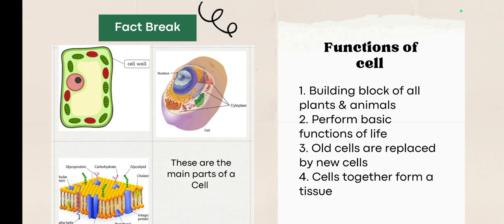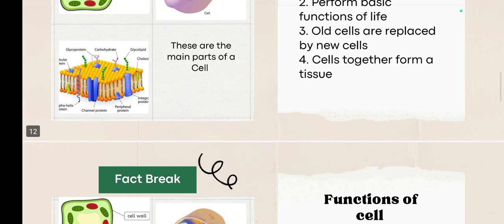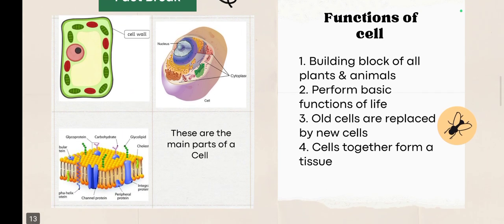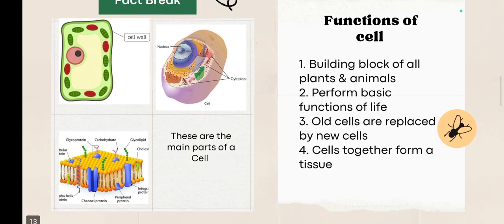Once a cell is old, it is always replaced by a new cell. These cells together form a tissue, and tissue forms an organ, then an organ system, and an individual organism. These functions of cells involve many cell organelles, as we discussed.